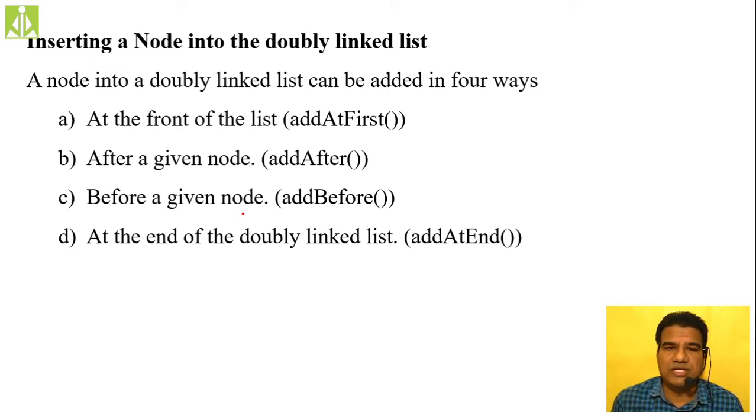Next, given a node position, we can do the insertion in two different ways. We can add the node after the given position, or we can add the node before the given position. Why? Because we have pointers in both directions, isn't it? One pointer is in the next direction, pointing to the next node, and another pointer in the previous direction, pointing to the previous node.